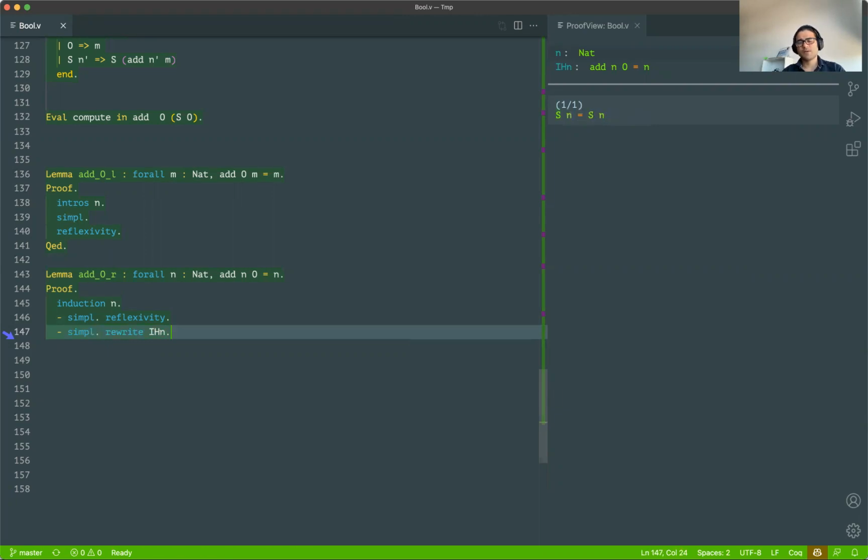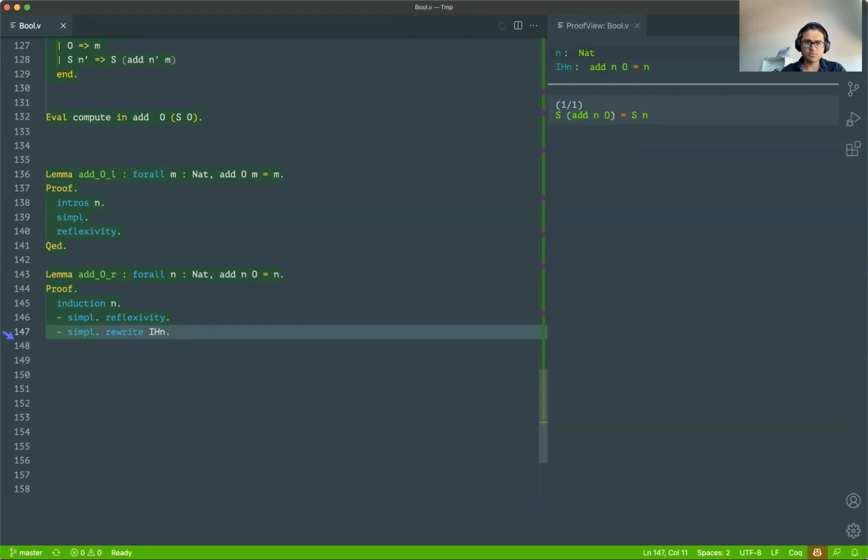When you say rewrite and then you have an equation where terms are equal, what this means is the Coq theorem prover is going to look at this equation and look for the left-hand side of this equation and search for that term in the goal.